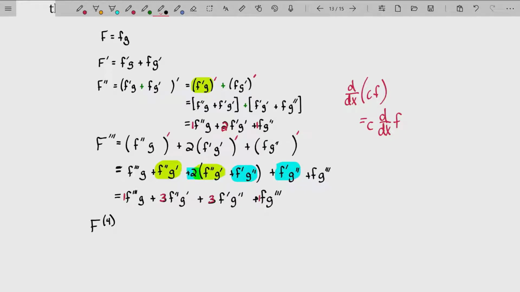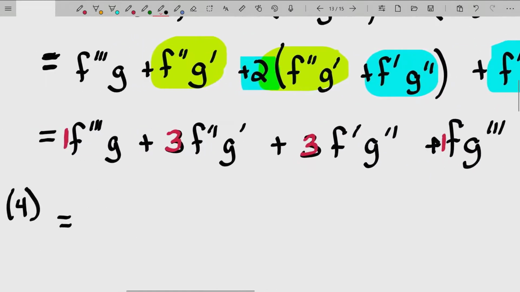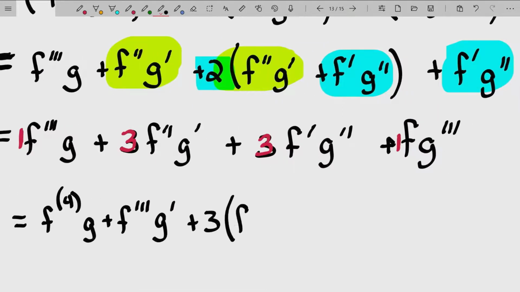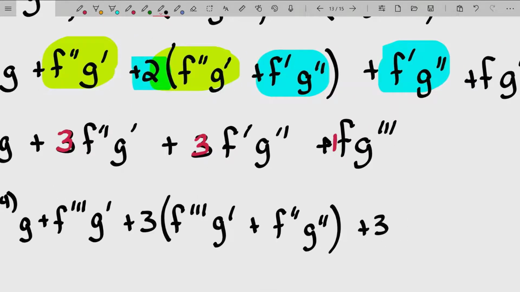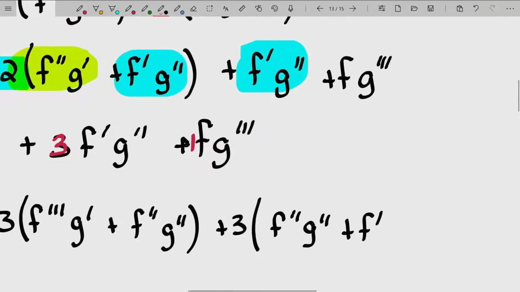Remember, when you do a 4th derivative, we stop with the prime notation. And this time, I'm just going to power through. So here we go, taking the derivative of this black ink up above. So we have the derivative of the first times the second plus the first times the derivative of the second, plus 3 times the derivative of the first times the second plus the first times the derivative of the second, plus 3 times the derivative of the first times the second plus the first times the derivative of the second.